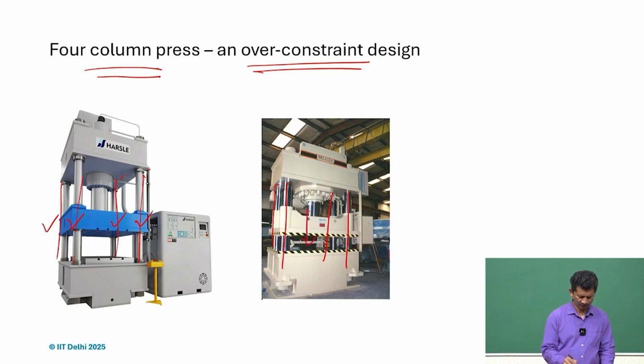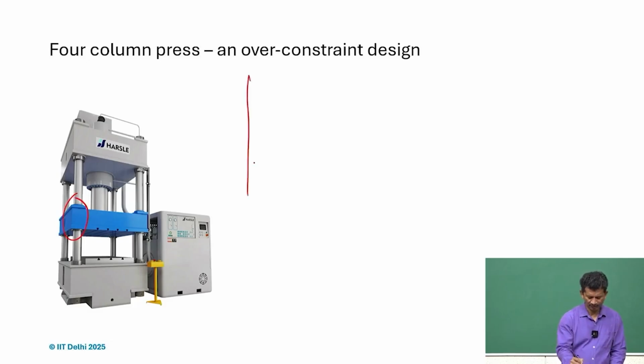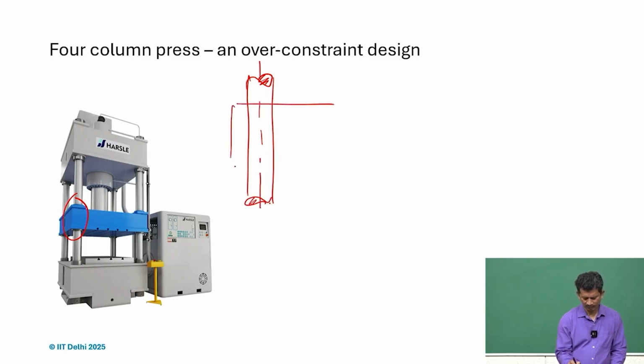The requirement is only this: we just want to move that part along this axis. So what is the over constraint here? How to find it? If we look at this center line, and suppose this is the thing, usually what we will have is 2 bushings here.